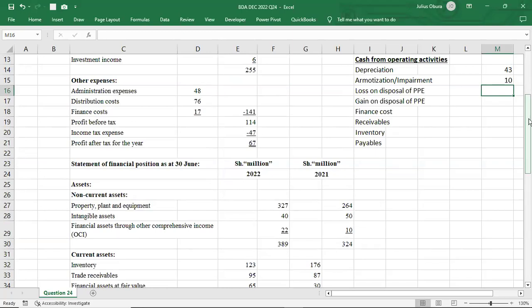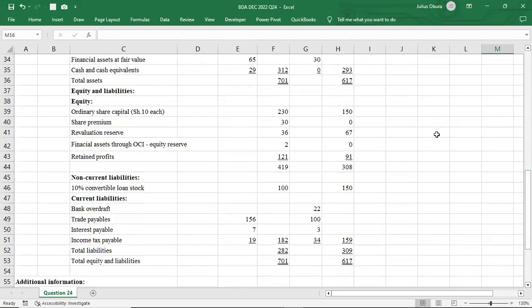Or if you like, you can do a working for it somewhere. Just in case you were to do a working, let's say that will be our working one, and you're going to call it amortization.